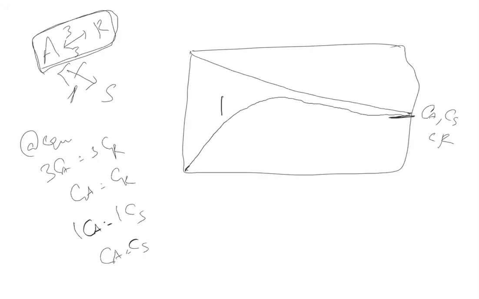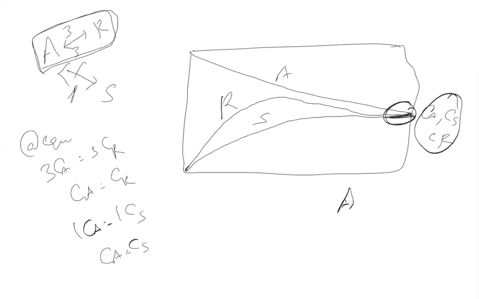This is, let's say, R. S slowly reaches the steady state conversion. And this is A. So that difference you have to show, but ultimately all the values should be equal here. All are equal.